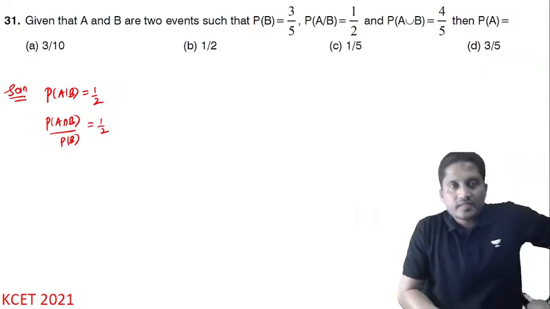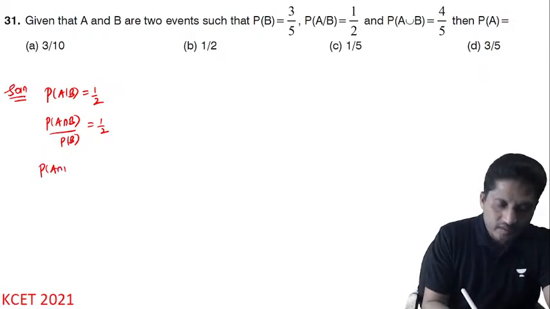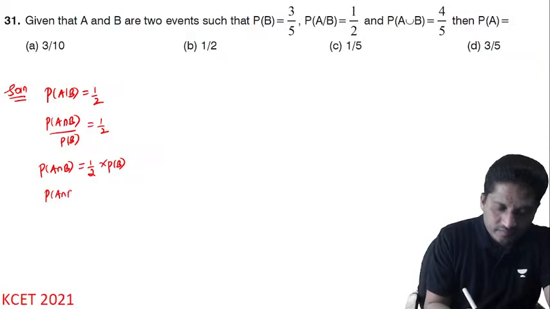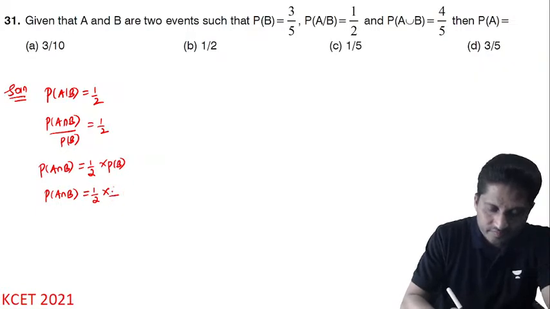If I cross multiply, P of A intersection B is equal to 1 by 2 into P of B. P of B is 3 by 5. So P of A intersection B is equal to 3 by 10.